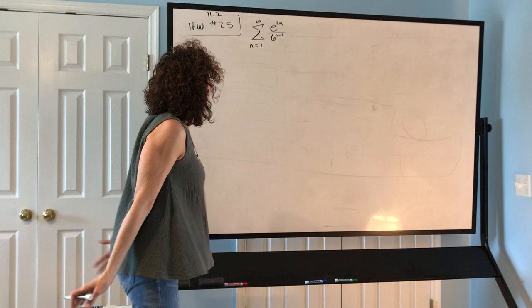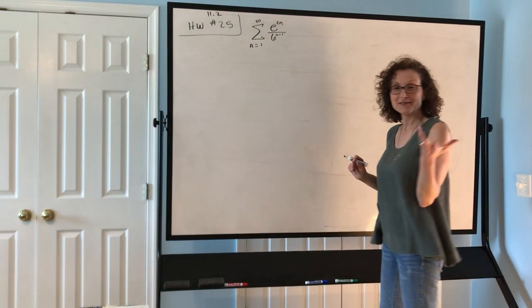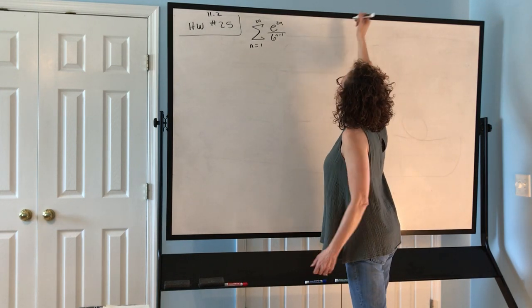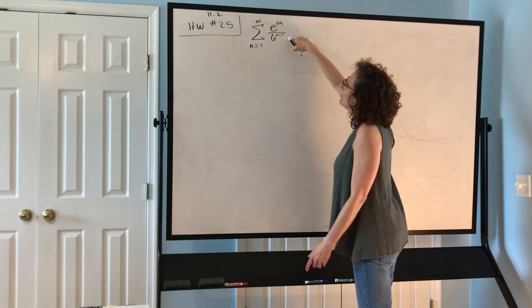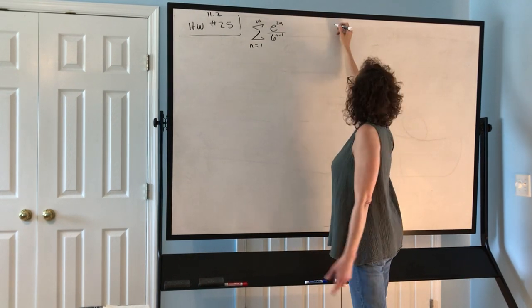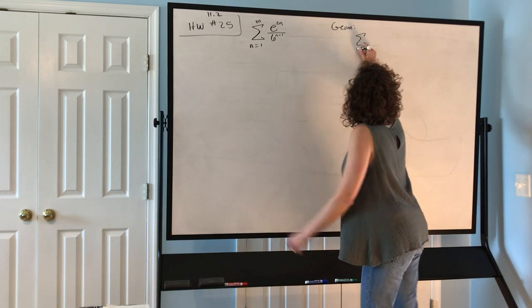All right, so I'm going to try to close this pretty soon. So what do we need, right? We are looking at this. Looks kind of geometric, but not exactly yet. Okay. So what does geometric look like? Remember, it looks like the sum, right?